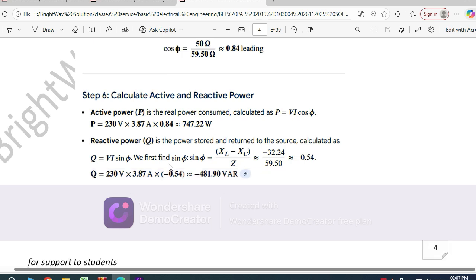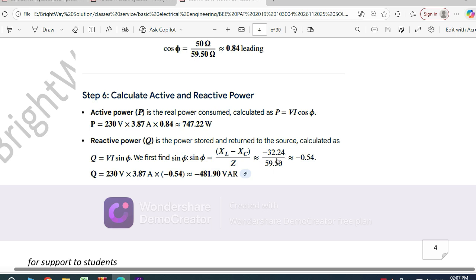Then reactive power Q. Power is stored and returned to the source. It is not consumed; it is just within the element. Q is VI into sin phi. The sin phi value is XL minus XC upon Z. You can calculate directly using a calculator.